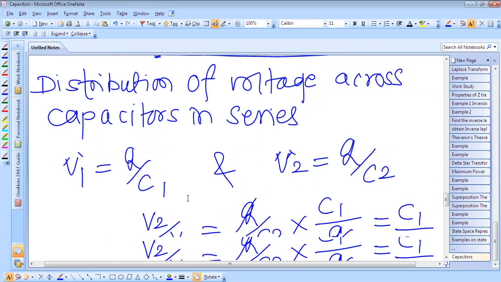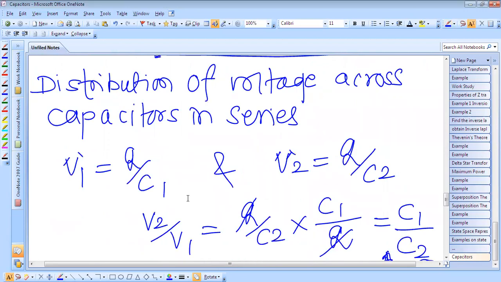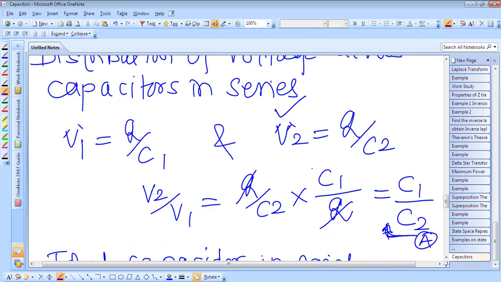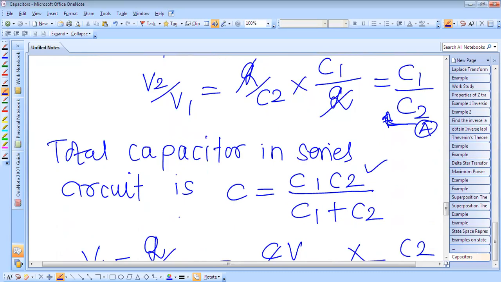This can be found like this. The voltage across capacitance C1 is Q by C1, and the voltage across capacitance C2 is Q by C2. Therefore, if you take the ratio of V2 by V1, you get C1 by C2. So V2 by V1 is equal to C1 by C2.